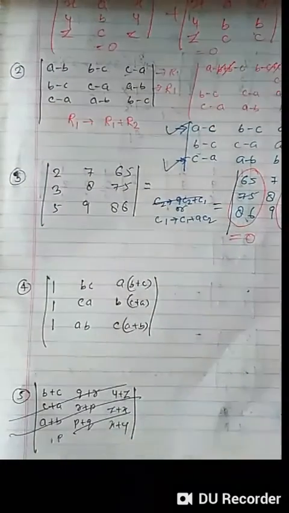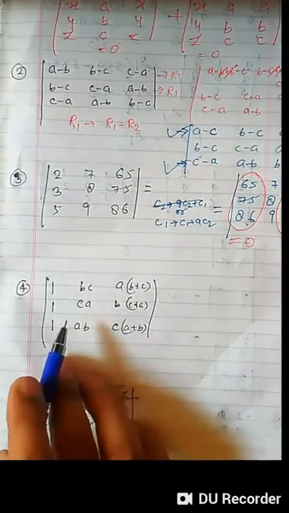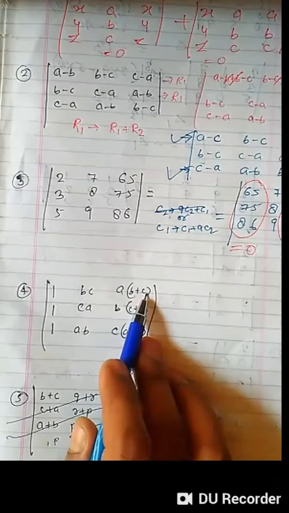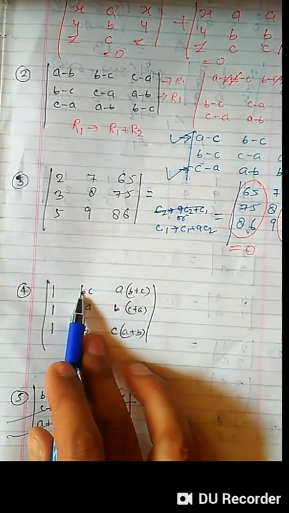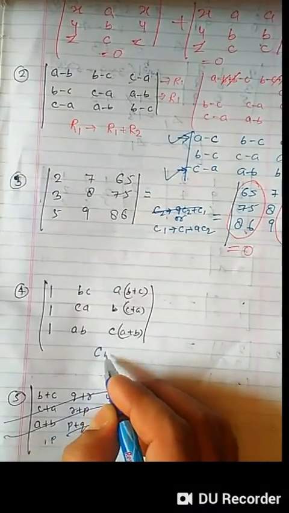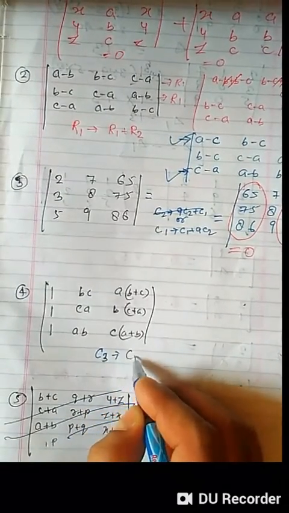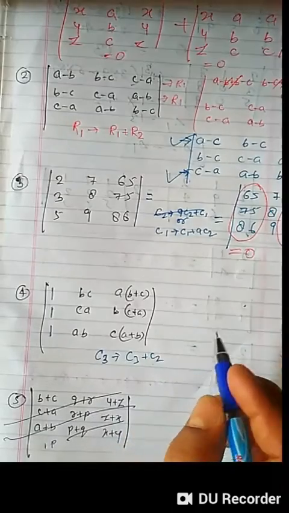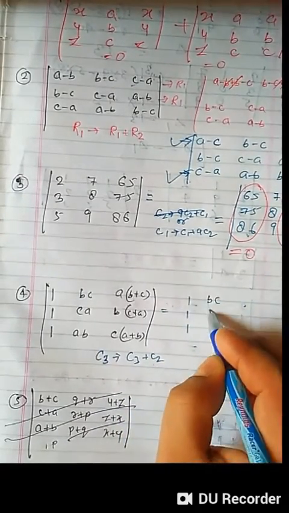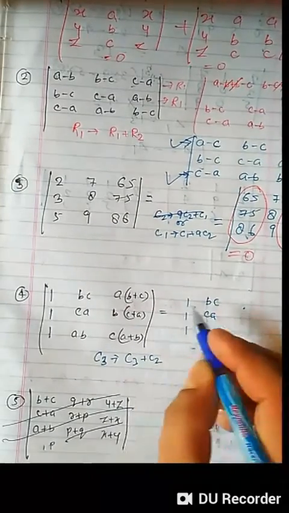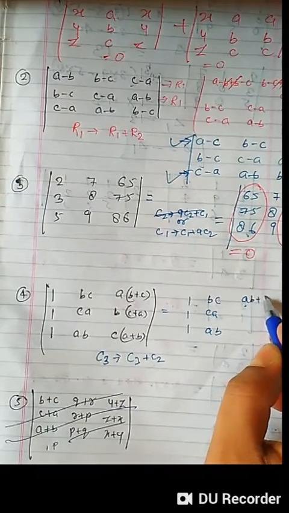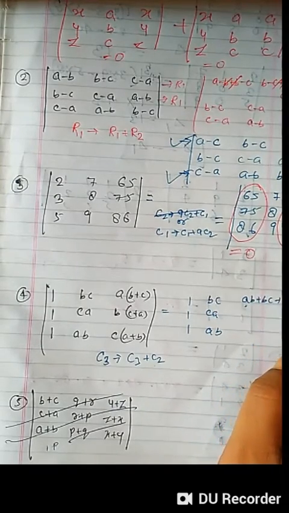Now the fourth example. Here you see, this is A times B plus C, that is AB plus AC, and in column 2 it is BC. So if we do column 3 becomes column 3 plus column 2, then this determinant will become 1, 1, 1, BC, CA, AB, and this will become AB plus BC plus AC.